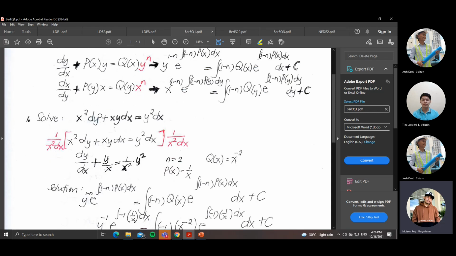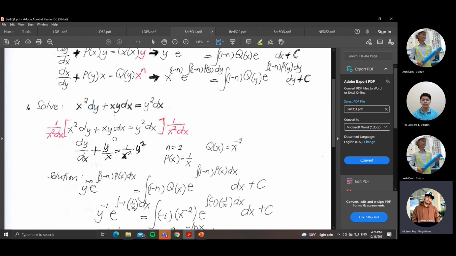x squared dy plus xy dx equals y squared dx. We can see that we can use the linear equation as a reference, so this can be solved as a linear equation in y. So this becomes dy over dx, and we multiply by 1 over x squared dx to remove the x squared.